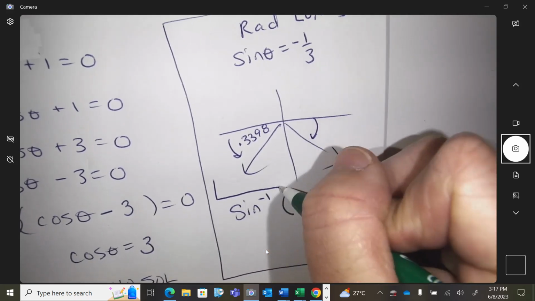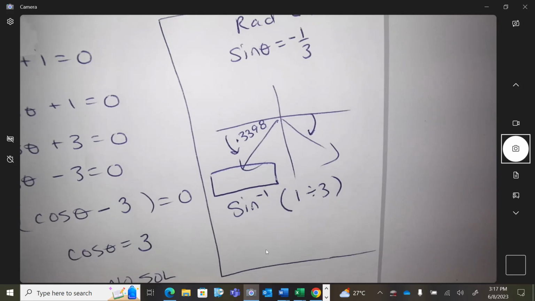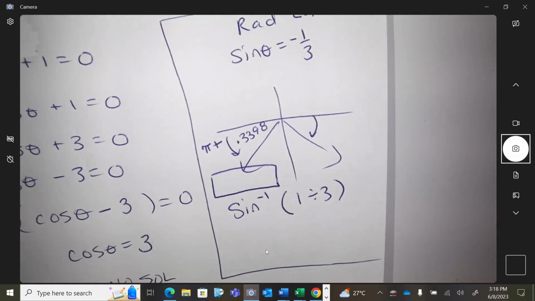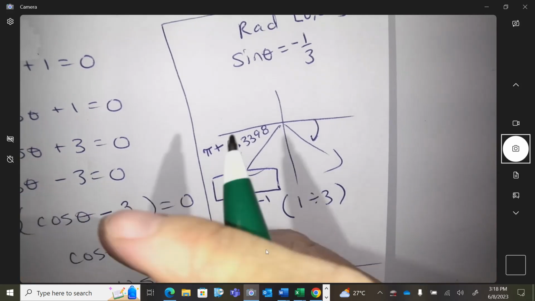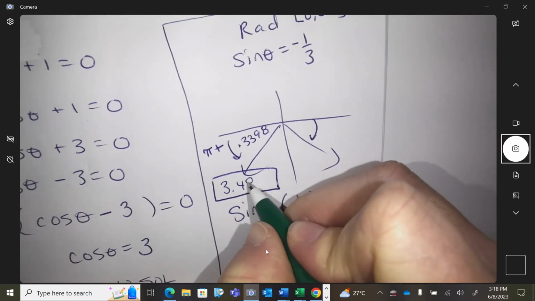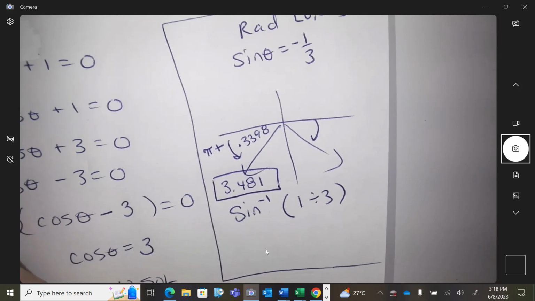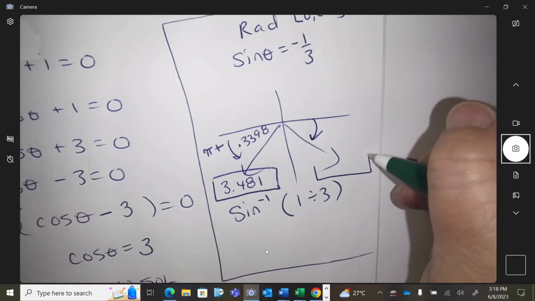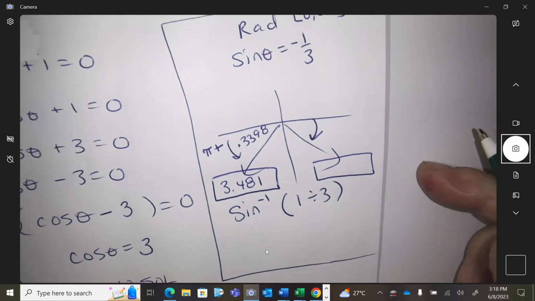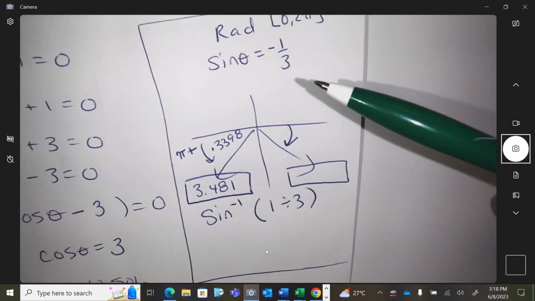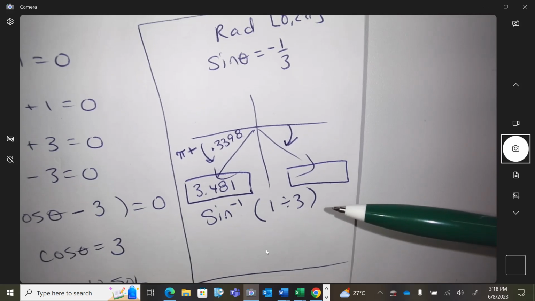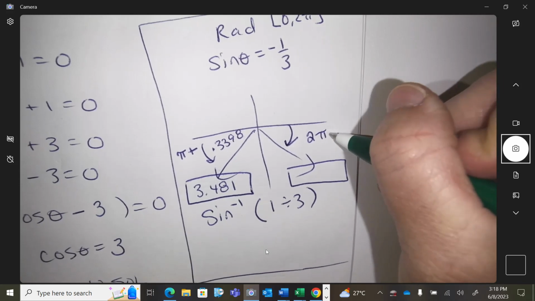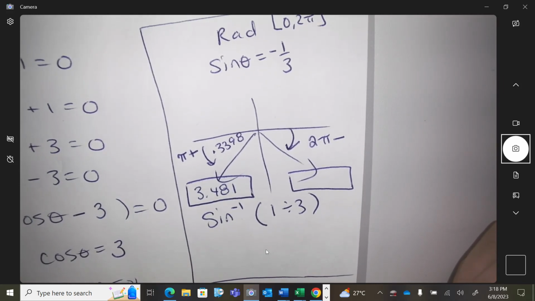So how would you ever get this number? Pi plus that, right? Because you're more than the pi. And then the other number, what would you do to get that? 2 pi minus that distance, right?